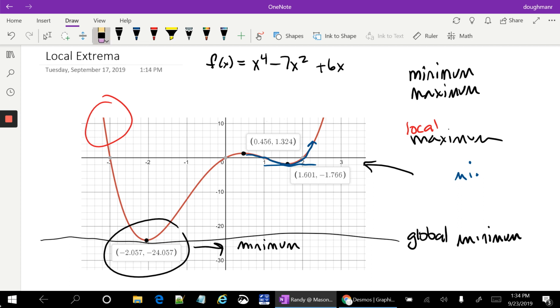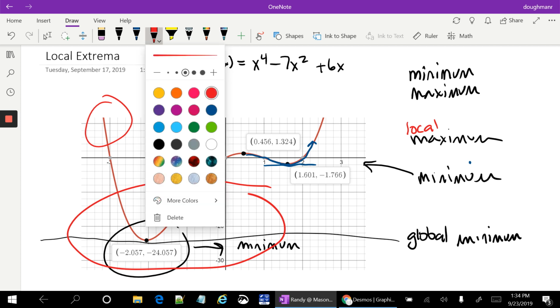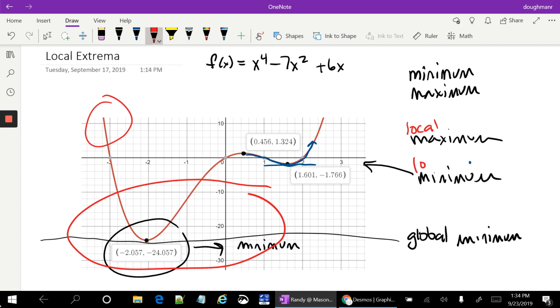Can't spell. And because there are other portions of the graph that are below, we'll just call that one a local minimum.